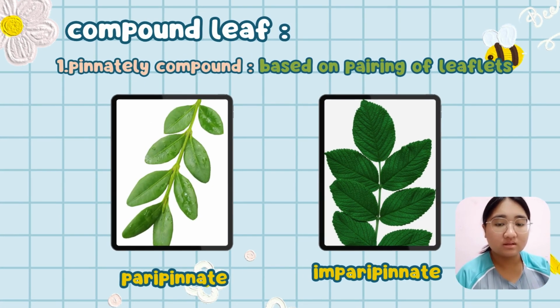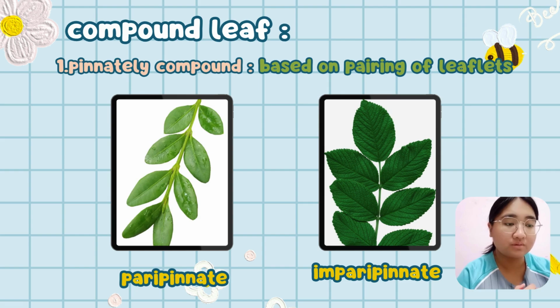Now, this is the next slide that I will explain. For this slide, I will talk about compound leaves. The first is pinnately compound, based on the pairing of leaflets. There are two types of pinnately compound leaves, as you can see in the picture.